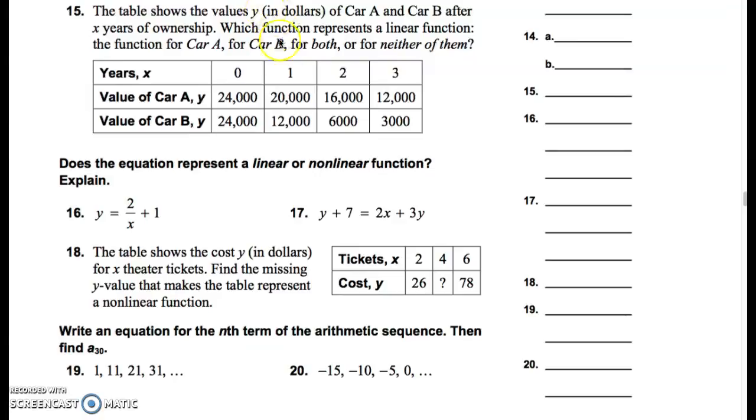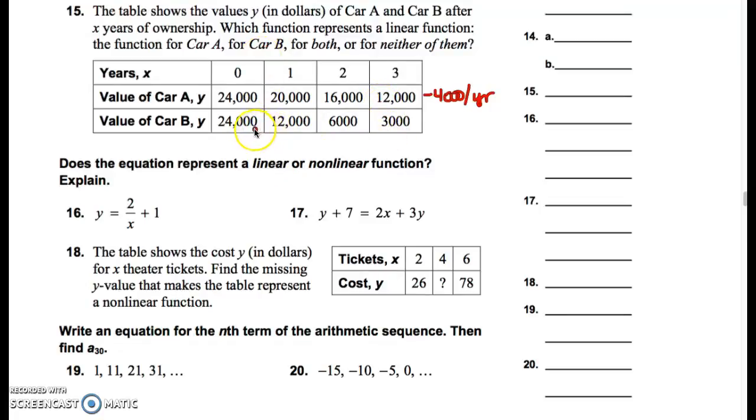So let's look at car A. If you notice the value of car A, it's going down by 4,000 each year. So it is depreciating in value the same amount every single year. That's that constant pattern that you are looking for. Okay? Down 4,000 each year. Now car B goes down 12,000, and then it goes down 6,000, and then it goes down 3,000.